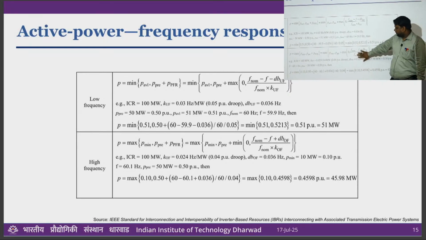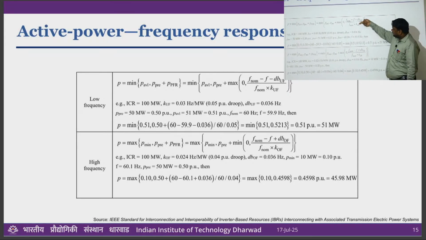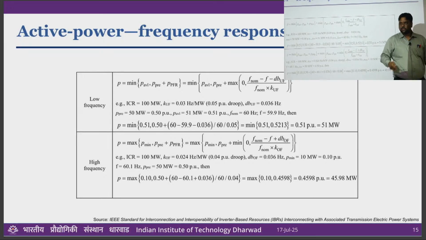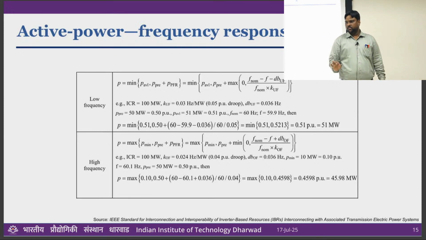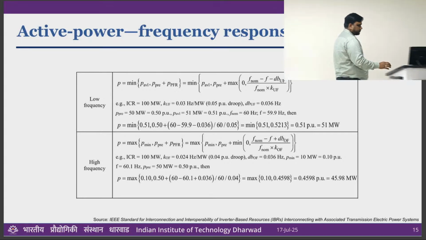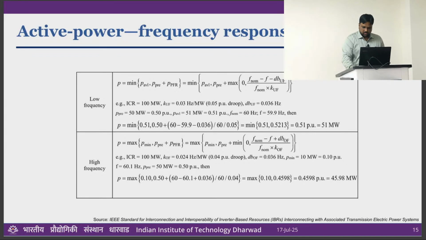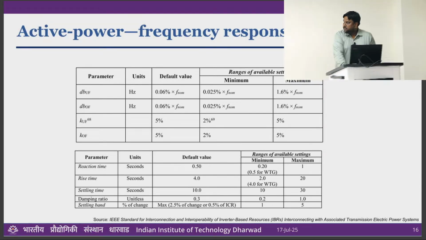There is also a high frequency calculation. If you see this KUF, KOF, the slopes, sometimes they are equal, sometimes the utility people purposefully give you some value because they know what is going on in the system. Okay, the slopes might be equal, may not be equal. This is again what you maintain.